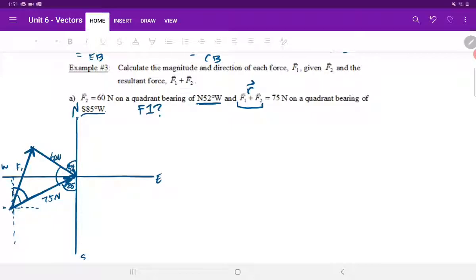We need to find this angle here. Let's call it theta. Theta is going to equal 180, since those three angles should all add up to 180, minus 52 minus 85. So 180 minus 52 minus 85, and you should get an angle of 43 degrees. So theta is 43 in here.